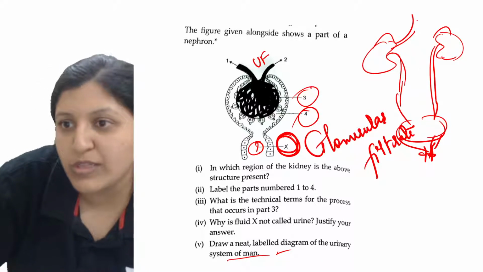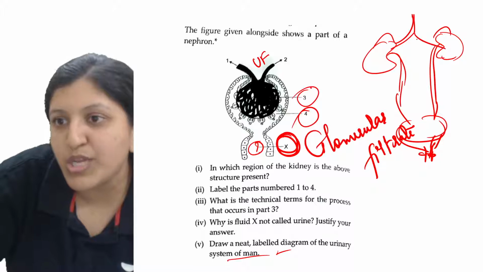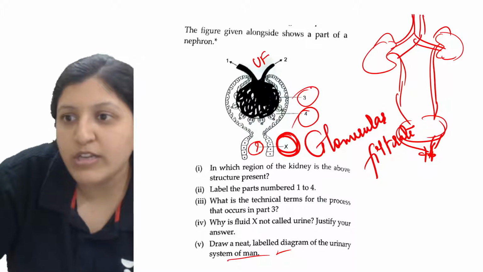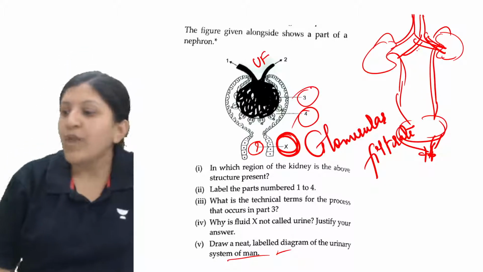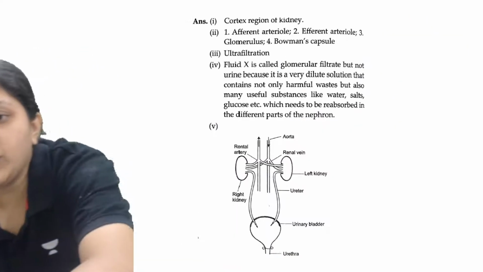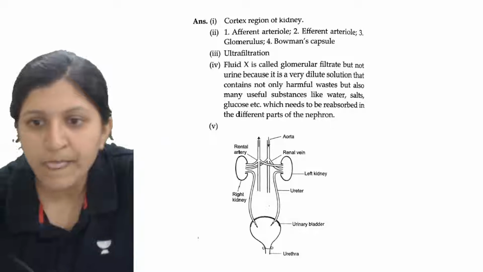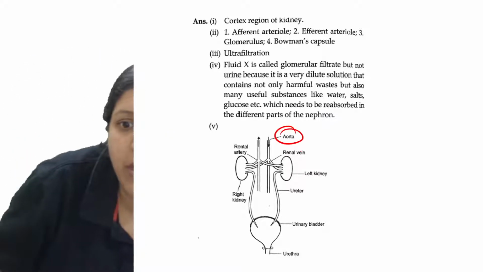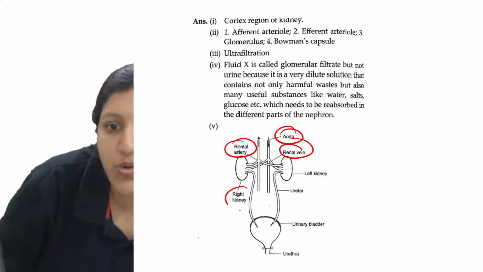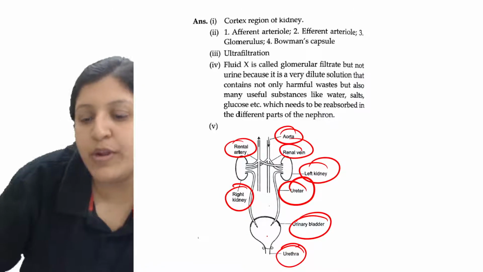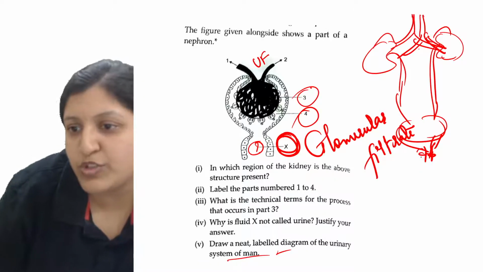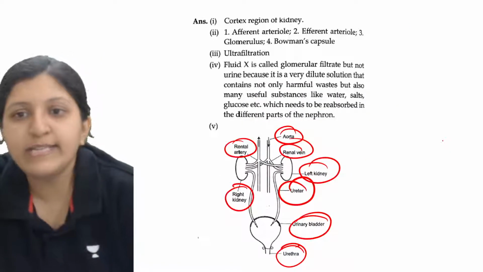Then you need to show the renal vein and the renal artery. Depending on the conditions, you need to show the respective renal vein and renal artery. So all these parts you need to mention there. You can see the aorta, renal vein, renal artery, right kidney, left kidney, ureter, urinary bladder, urethra, and sphincter muscle also you need to show here.